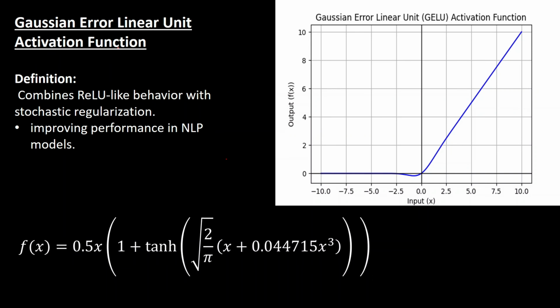Then you have the Gaussian error linear unit activation function. You can see over here that this is just like a ReLU function, nothing more. But the little curve over here is what makes it the Gaussian error linear unit. And what does stochastic regularization mean? Stochastic means that it is used when your data has a lot of randomness, with very complex patterns, and you have to regularize it. Regularize means that you want to normalize that data because of its randomness.